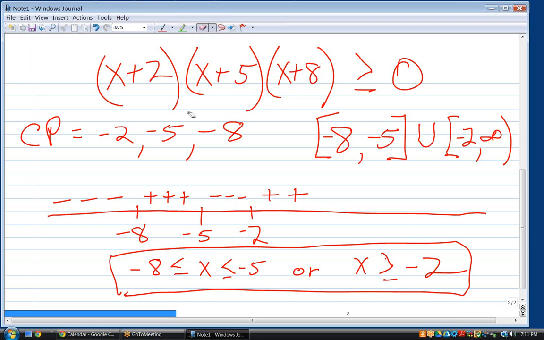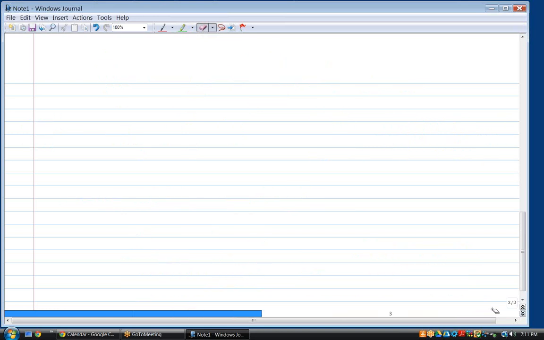Do you have another one? This one's different. Okay. Completely factor the polynomial x cubed minus x squared minus 8x plus 12. Plus 12? Yeah. And they give you no other information? No. Did I write it correctly?